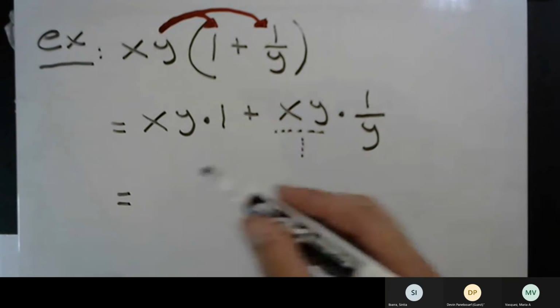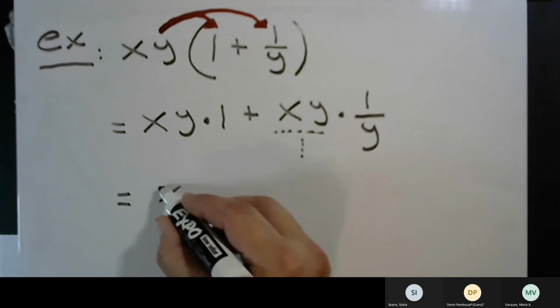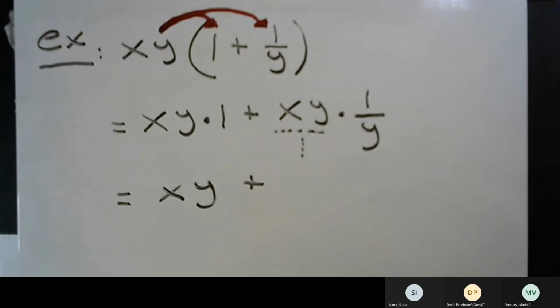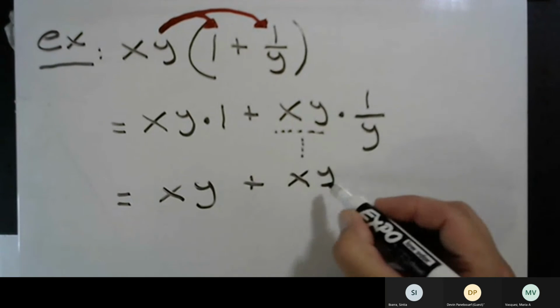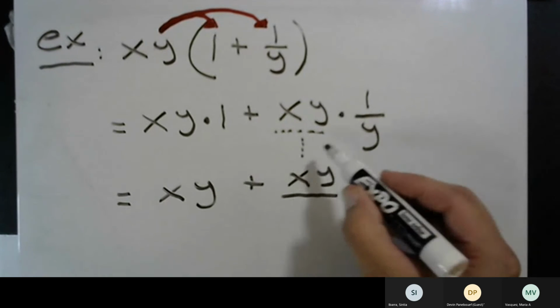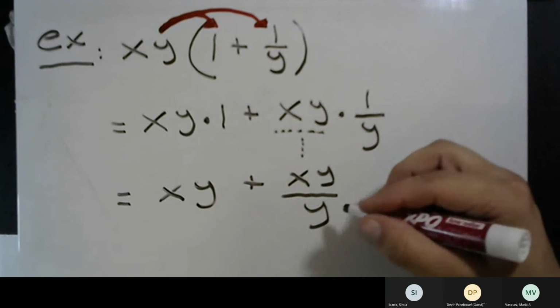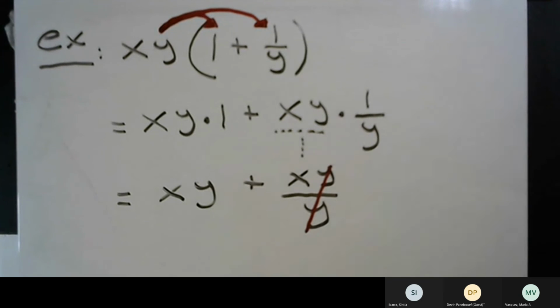So now let's combine things. Let's simplify xy times 1. Well, that doesn't change anything. Multiplying by 1 never changes anything. Multiplying across on top, we have xy. And 1 times y is y. And then we could say this y and this y are going to cancel, just like we reduce fractions.